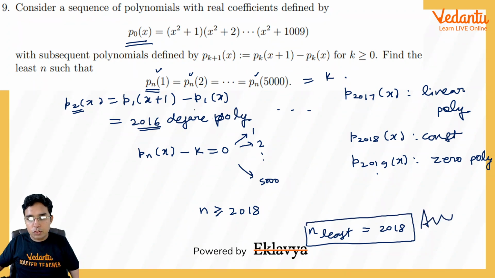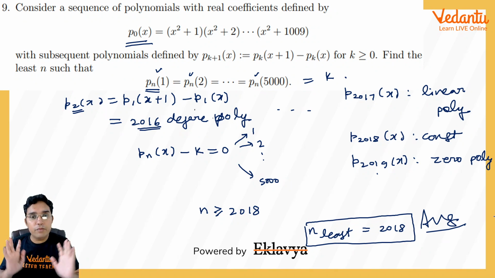Okay, so this question, again I'll say, if you are good at polynomials, I think this question is not difficult at all. In fact, I like to connect this question with one thing which we teach you in sequence and series.